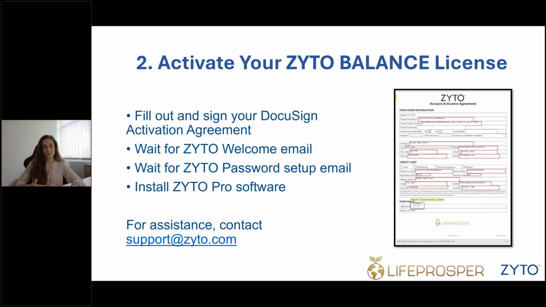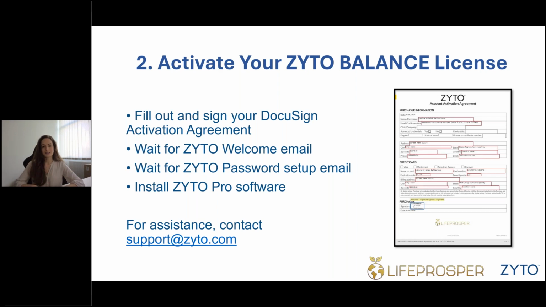You can do this very easily by going to Zyto.com, clicking on sign in in the top right corner, and then clicking on don't remember my password. Once you click on this, it will ask you to reset your password. So you're going to receive an email with the password reset option there, and you just create a brand new password that you can use. So your username is the email address, and the password is the one that you create. And then you're also going to have a PIN number, but we will get to that a little bit later.